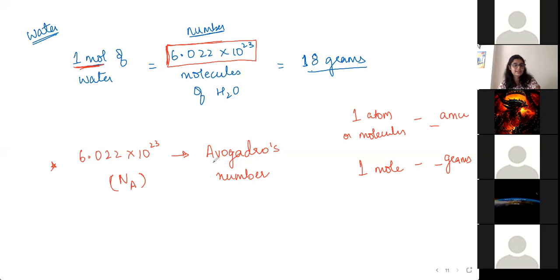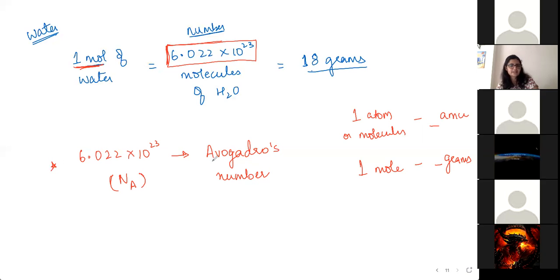Okay, so this name you need to remember. Avogadro is the name of a scientist. He did not work out this number. He did not discover this number, but he has done a lot of other things. He had done a lot of research that helped figure this out. So that's why we're calling it in his honor.